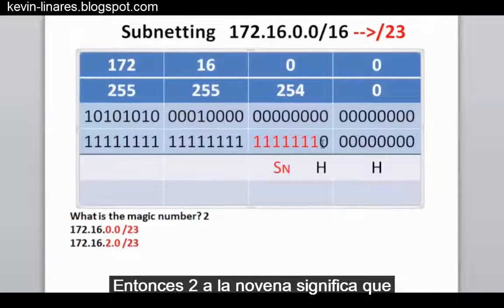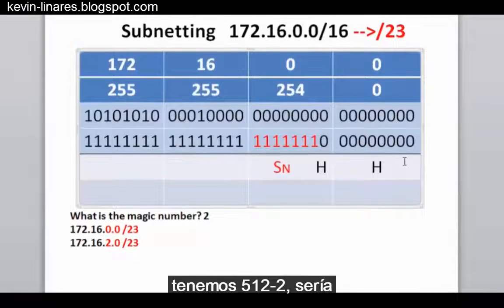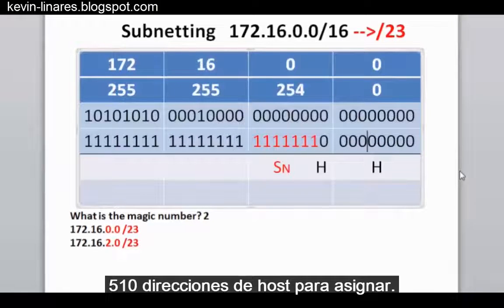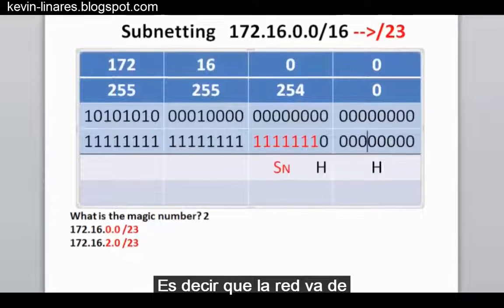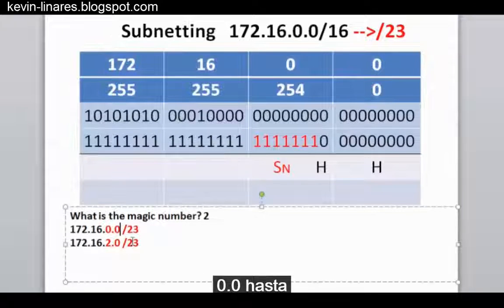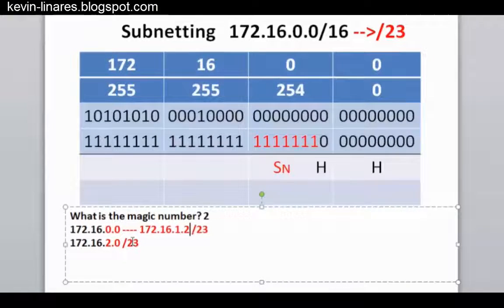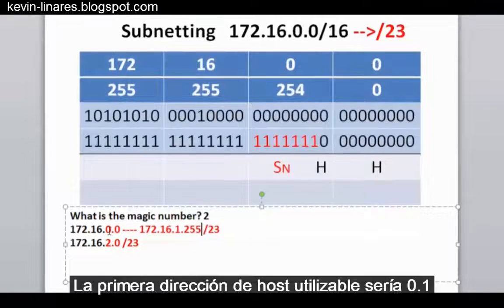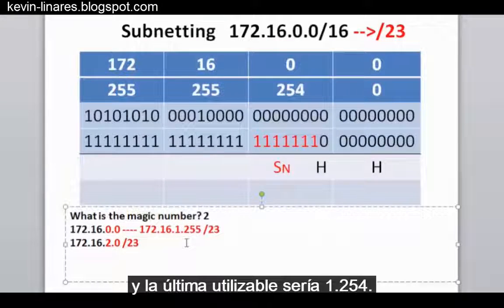So 2 to the 9th power, meaning we have 512 minus 2 would be 510 host addresses that we can assign. In other words, the network goes from 0.0 all the way up to 172.16.1.255. So the first usable host address would be 0.1, and the last usable host address would be 1.254.